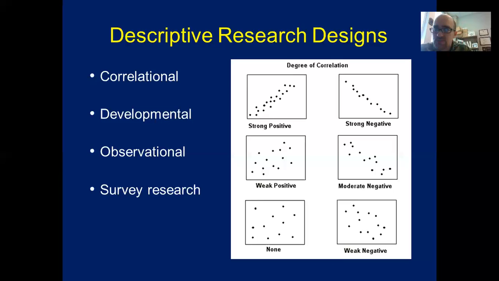Okay, so the last thing is survey research, and this is one thing that Dr. Ricketts is going to talk about when he comes in a few weeks. But essentially, with survey research, you are looking at identifying a population that you want to get information from, and then there's a lot of things that go into designing a survey.